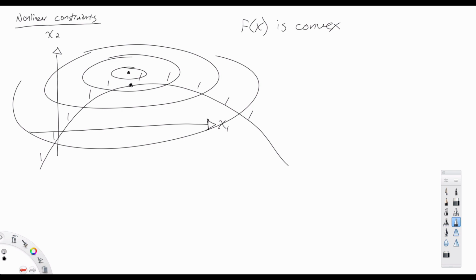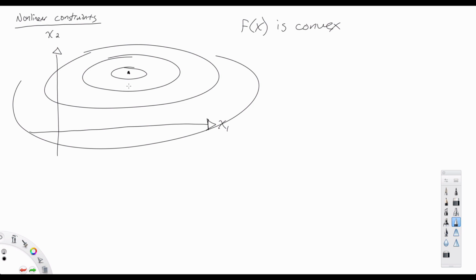And I've not sketched out the entire feasible domain, but I could also assert here that this feasible domain is a convex set, and then we could assert that yes, in fact, this local minimum is also a global minimum.